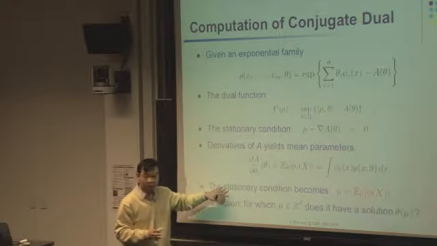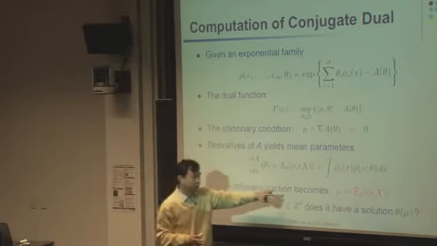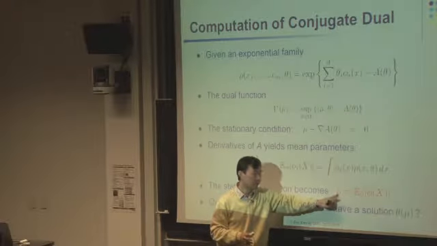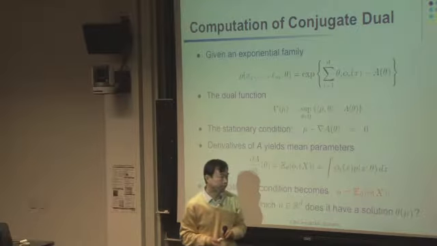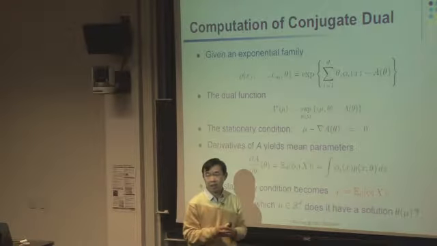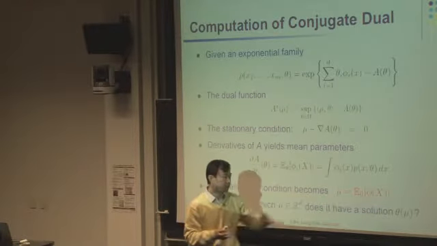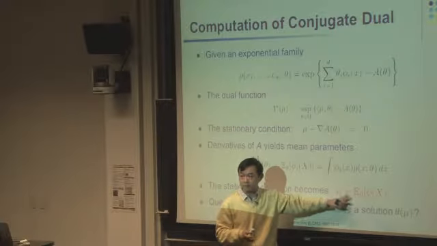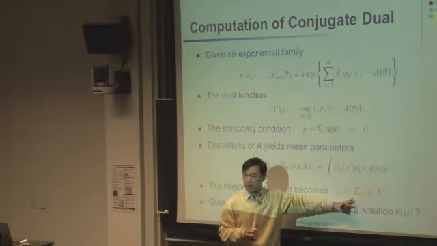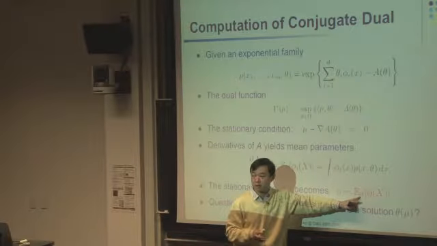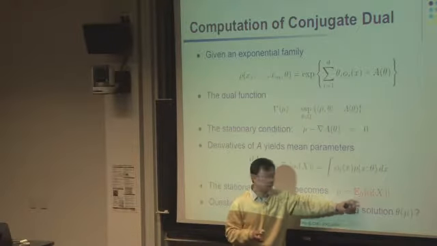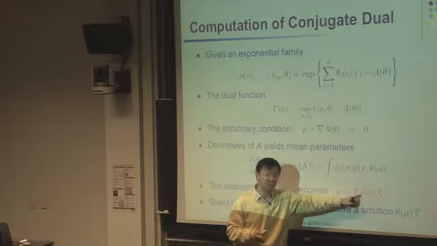Therefore, at the stationary condition, you have this identity where mu equals the expectation of the sufficient statistics. But it doesn't mean that you can actually compute it, because this is a symbolic identity, and computing the expectation involves doing exact inference on the original graphical model, which is parameterized by theta.